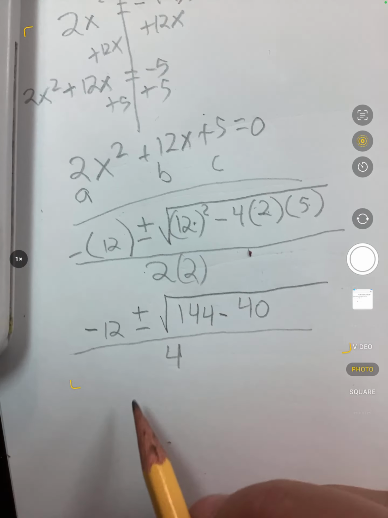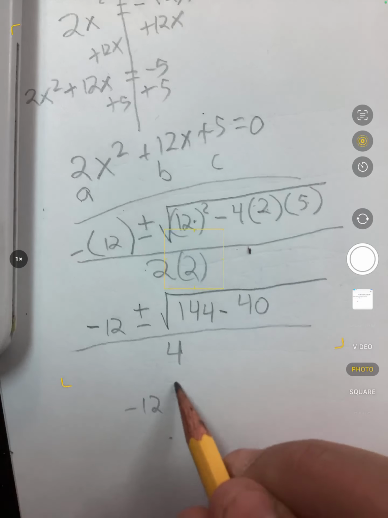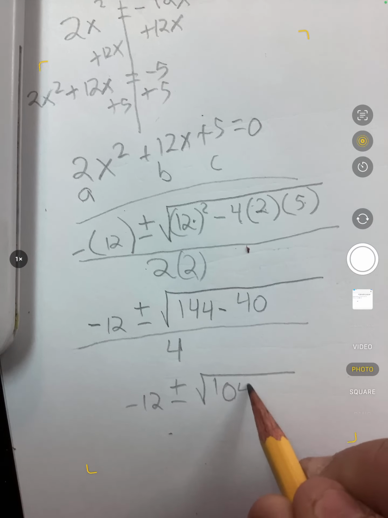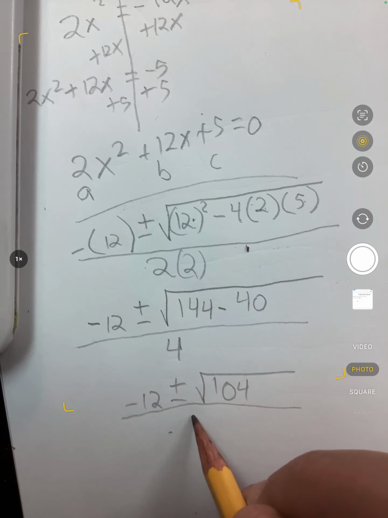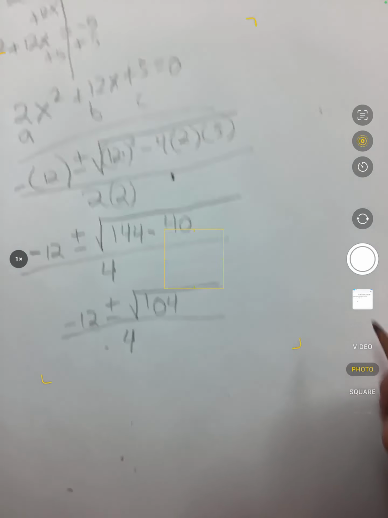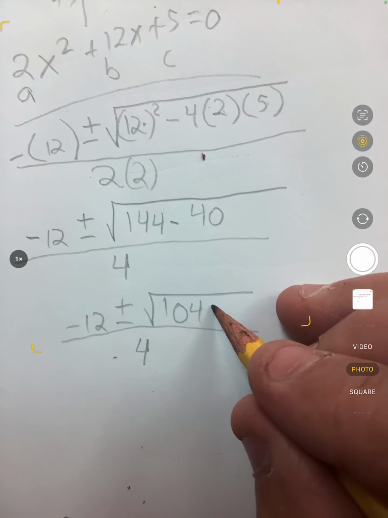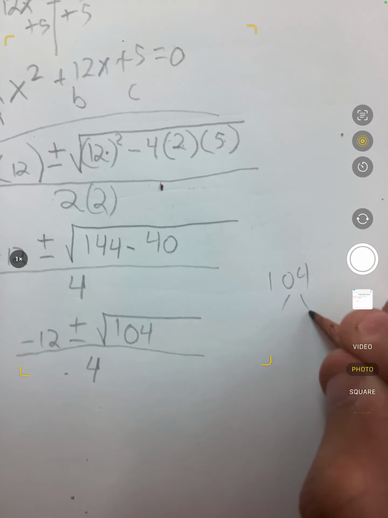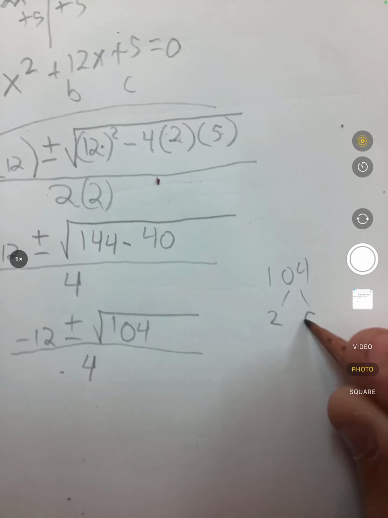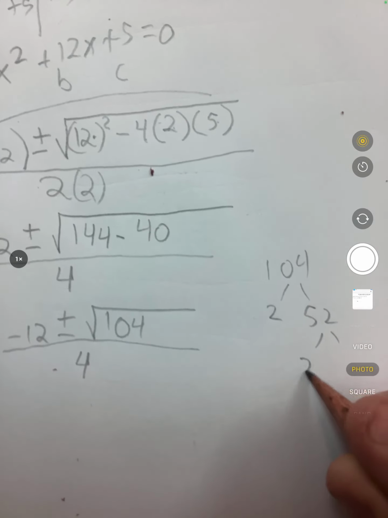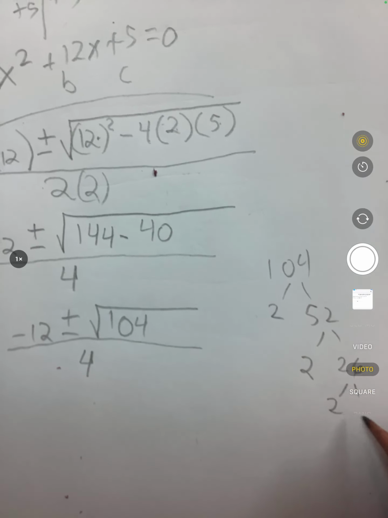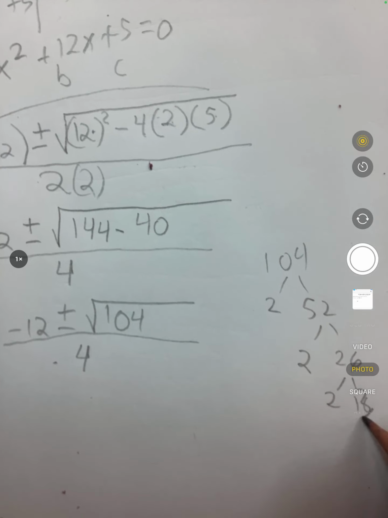From there, negative 12 plus or minus the square root of 104 over 4. 104 has to be factored. 104, 2, and 52, another 2, and a 26, another 2, and a 13.